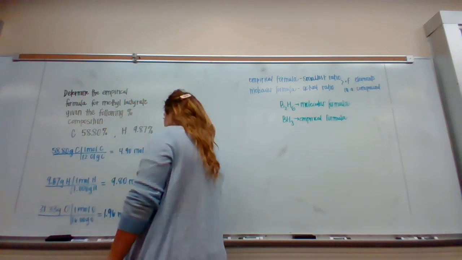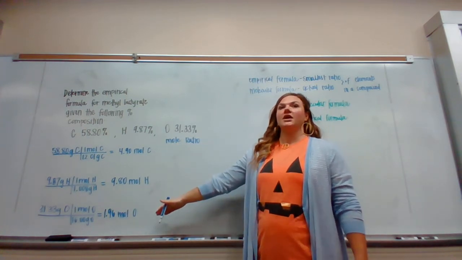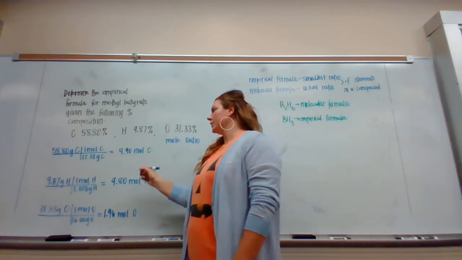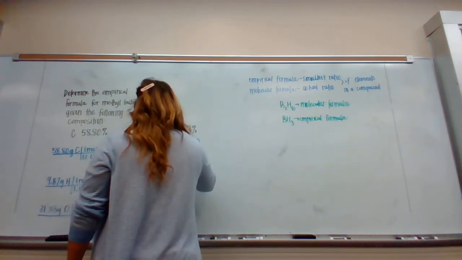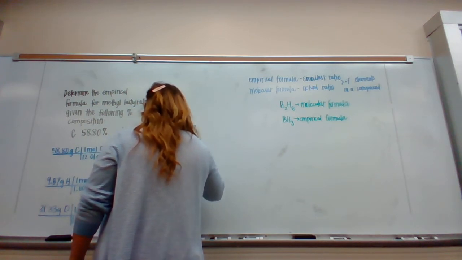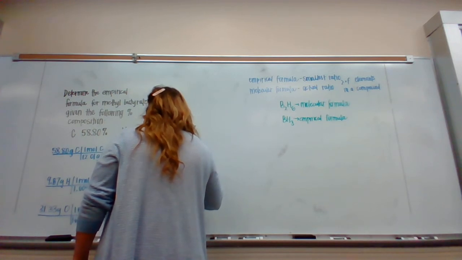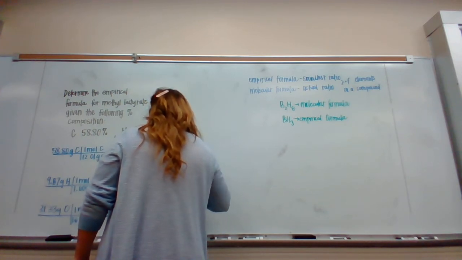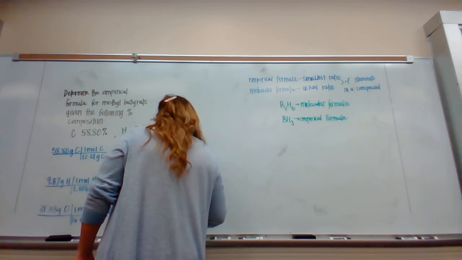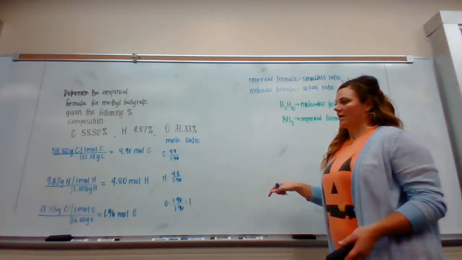To do that, you take the smallest of your 3 numbers, and you divide all the other numbers by that smallest number. So for carbon, it'd be 4.9 divided by 1.96. For hydrogen, 9.8 divided by 1.96. Then oxygen, just 1.96 by 1.96. So you'll get 1 for that one.